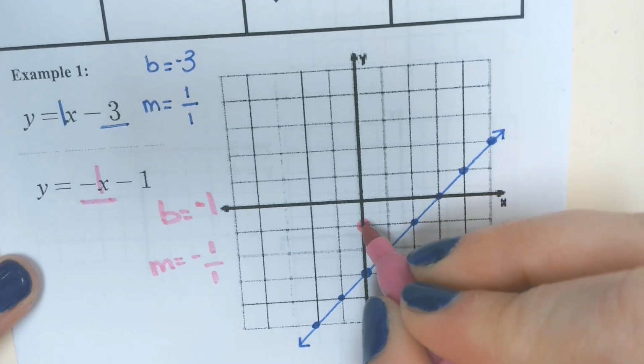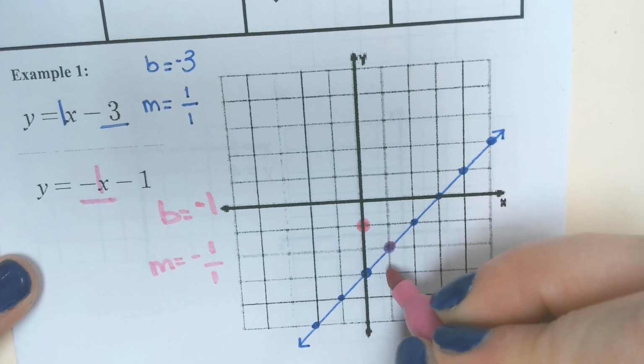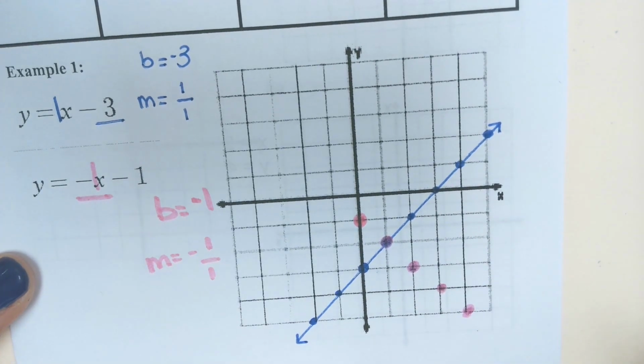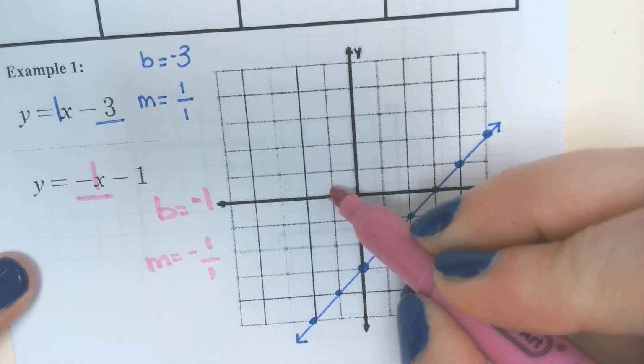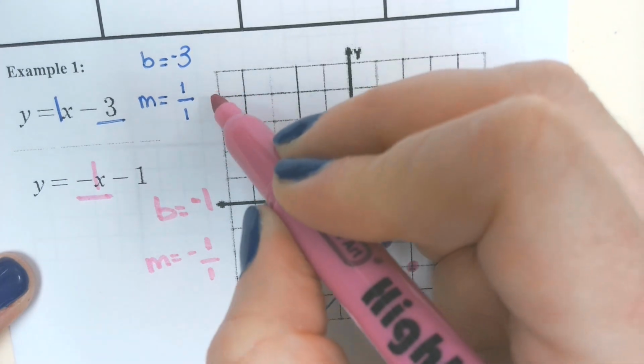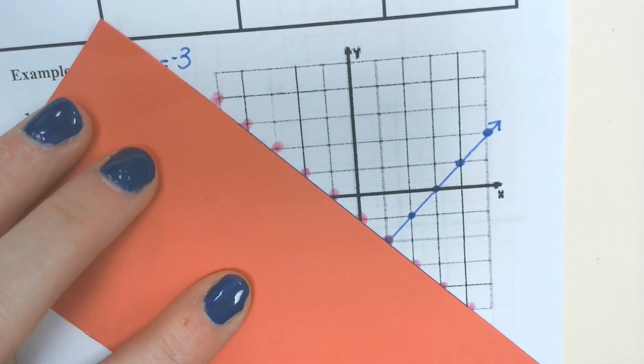That means I'm going to go down 1, right 1, and make all my pretty points. Then do the complete opposite: up 1, left 1, up 1, left 1, and so on. Use your straight edge.